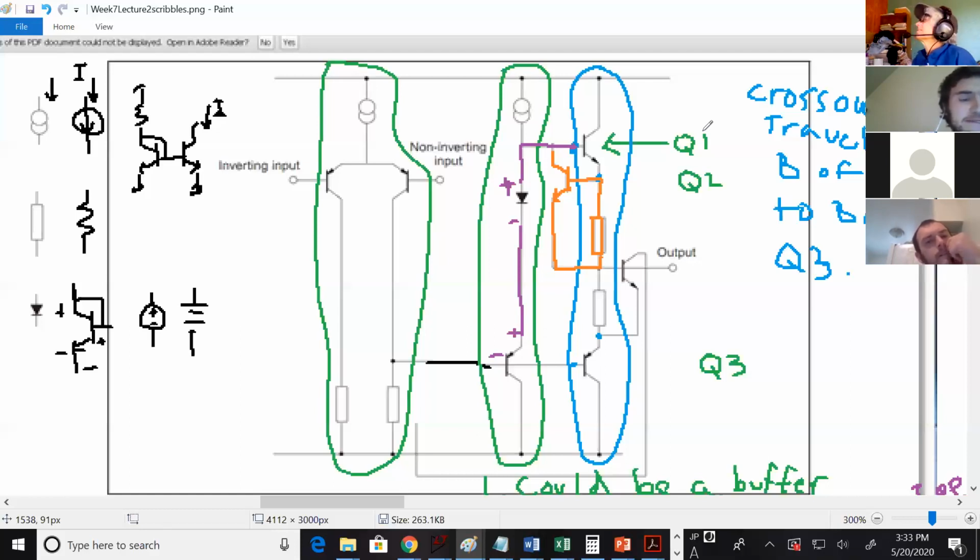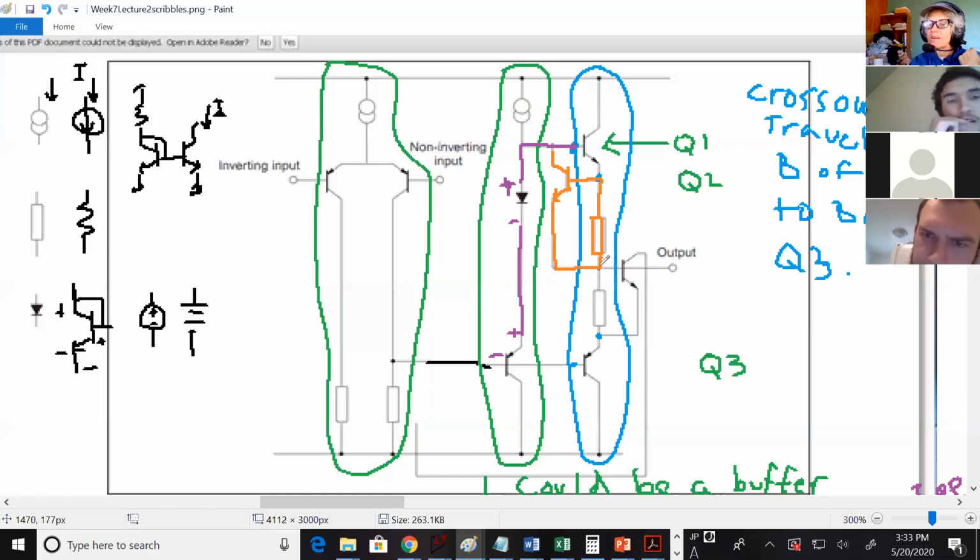Exactly. If this is a pretty small resistor, and if this is well designed, then with a normal amount of current the voltage across the resistor will be less than VBE on. And notice that the voltage across the resistor is the VBE on of Q2.